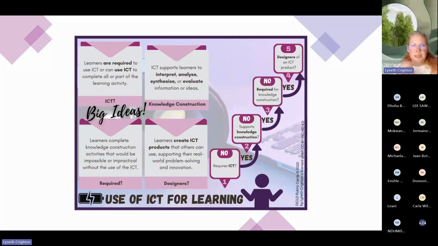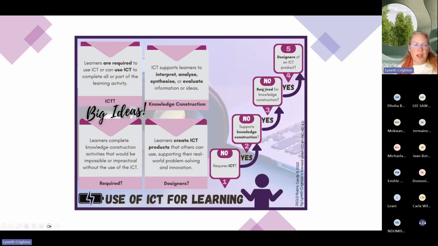So the big ideas: the first question is, does it require or can they use ICT to complete all or part of the activity? The second question is, does it support knowledge construction? So in other words, does whatever the tool is help them come to knowledge, new knowledge in a new context? Then is it required?